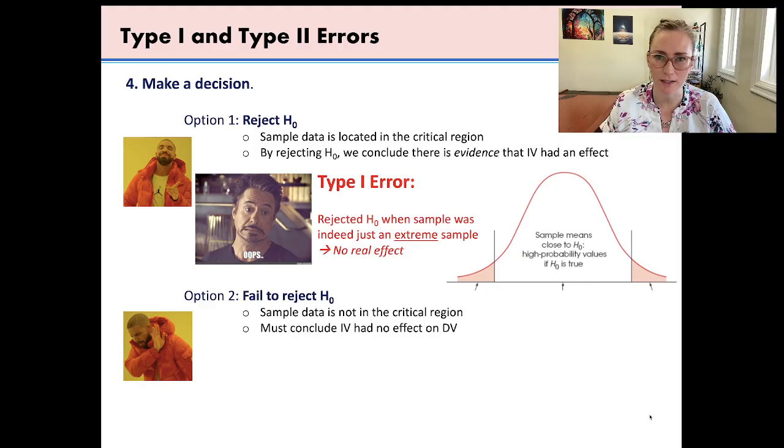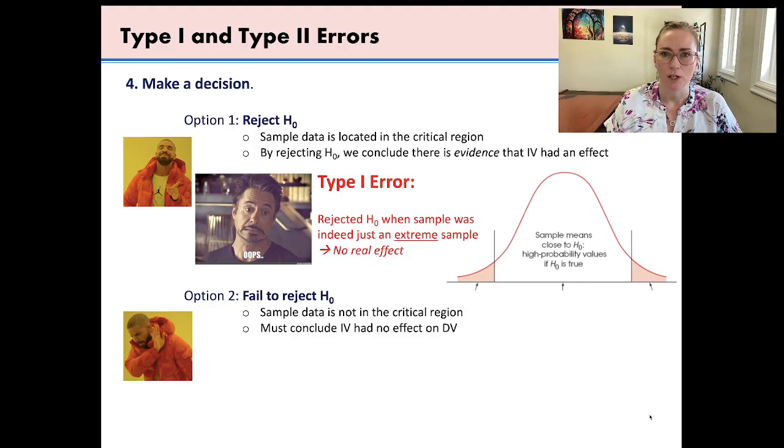So when we calculated it, our z-score told us, yes, you're in that extreme, but sometimes in reality there are extreme values. But that doesn't necessarily mean that something changed with your manipulation. So this is actually kind of the worst error that you can make, is when you reject the null hypothesis when in fact there was no real effect. And I'll talk about the errors in a little bit more detail in a second.